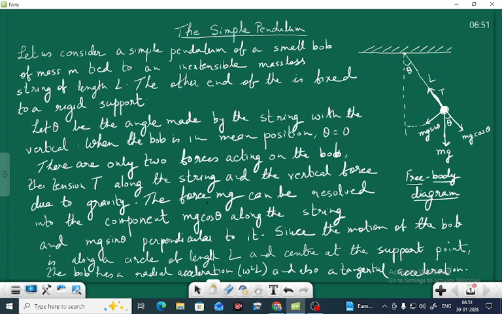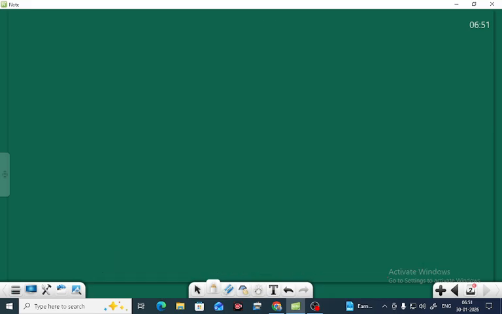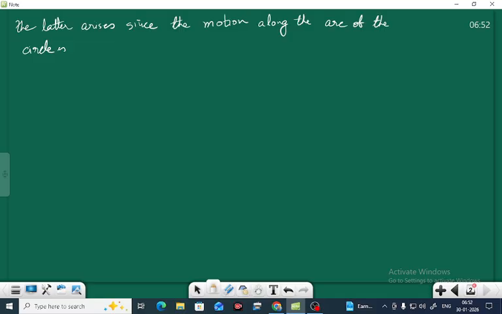The latter arises since the motion along the arc of the circle is not uniform.